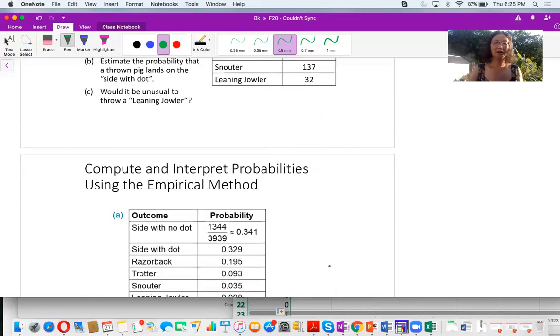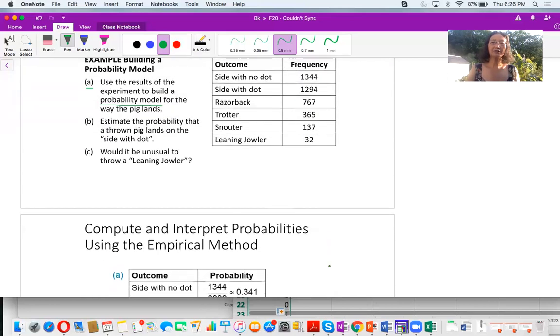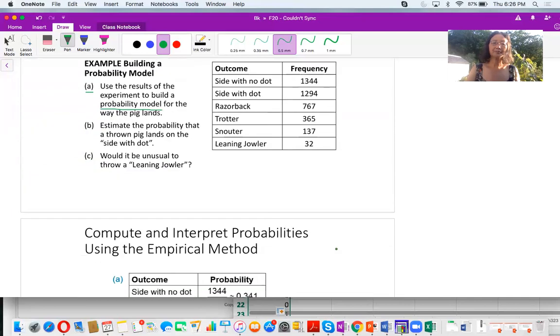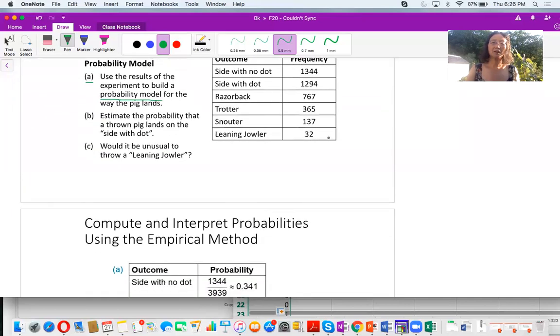To do that, we need to add all these numbers together. If you add all the numbers together, the total, I use sigma, the total number is 3,939.